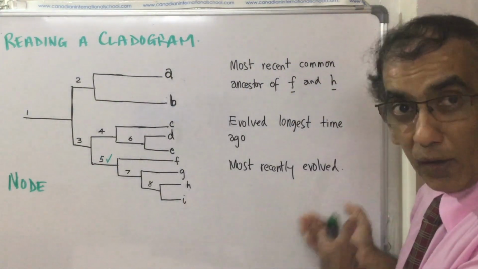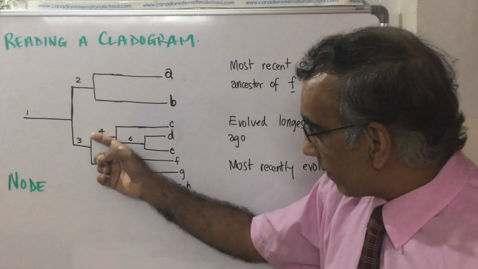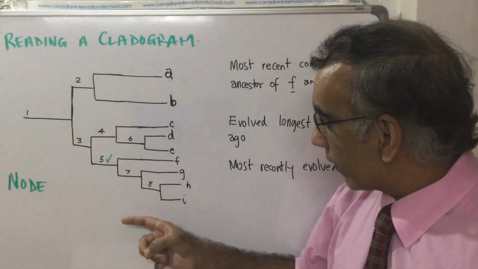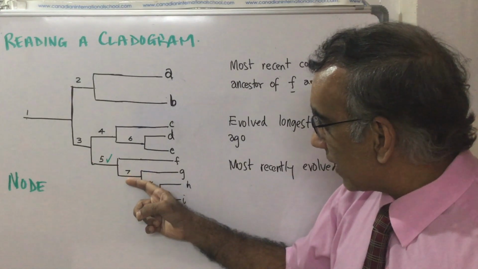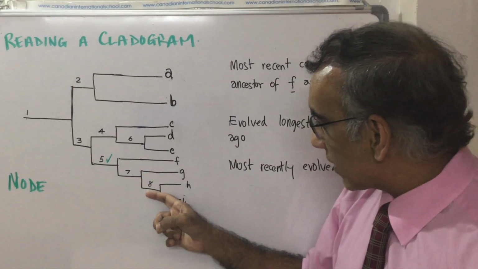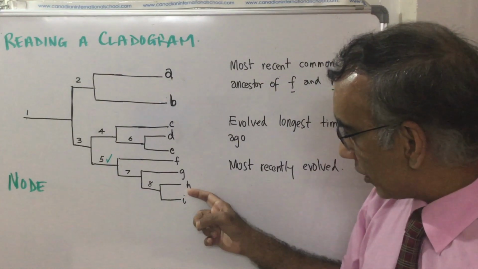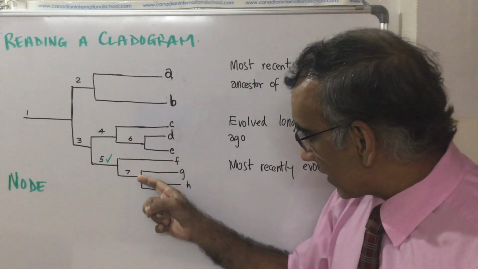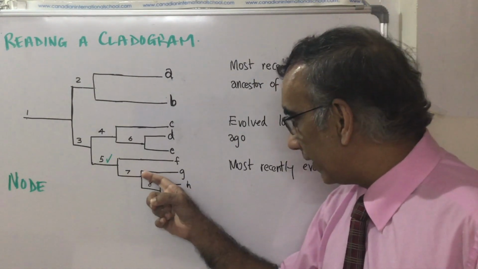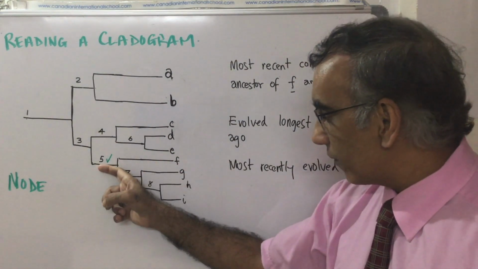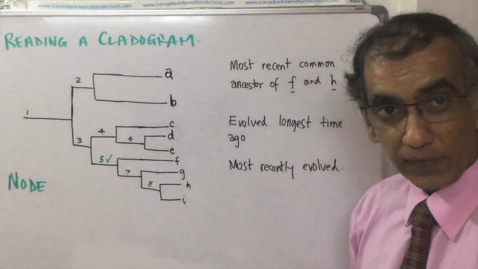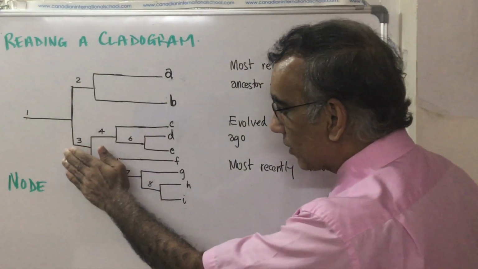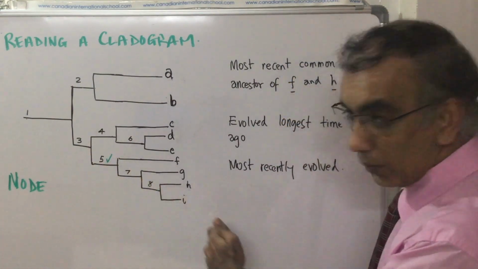The most recently evolved would be the ones that would have had to go through several generations or ancestors, like ancestor 3, then giving rise to 4 and 5, ancestor 5 giving rise to ancestor 7, and then to ancestor 8, which ultimately gives rise to H and to I. Of course, there's no number above here because this ancestral species 7 automatically gave rise to G, and this ancestral species 5 automatically gave rise to F. The most recently evolved would be the one that would have had to have the most ancestral organisms leading up to it.